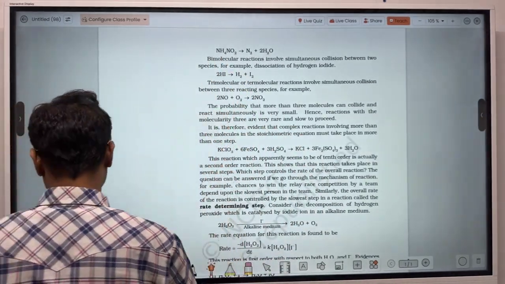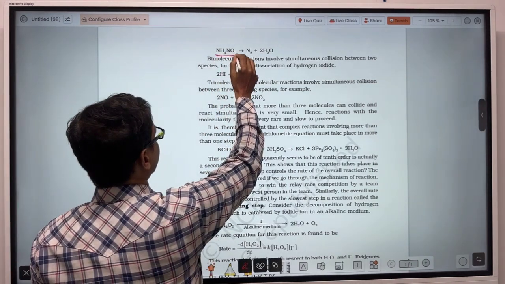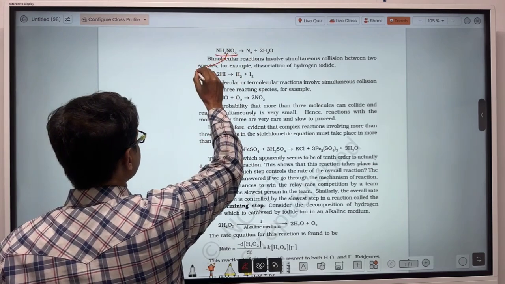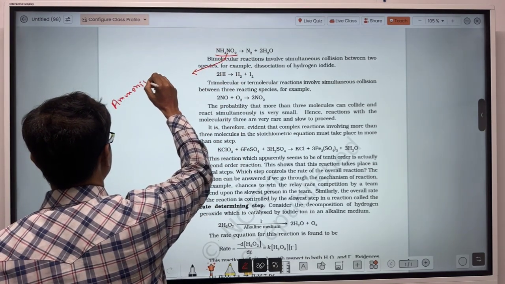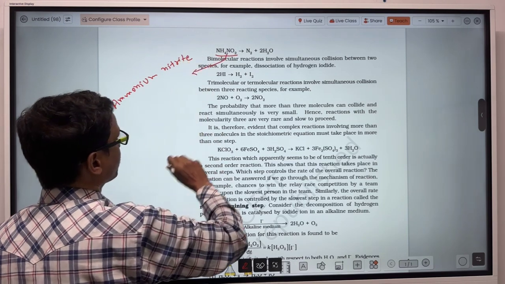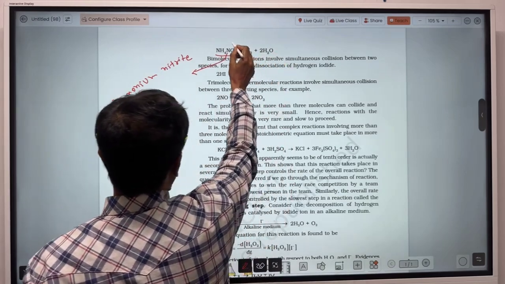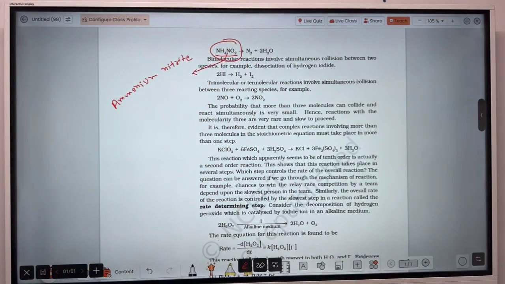Ammonium nitrite: NH4 is ammonium and NO2 is nitrite. When ammonium nitrite dissociates, there is formation of N2 and water. Here only one reacting species is involved, so the molecularity of this elementary reaction will be 1.